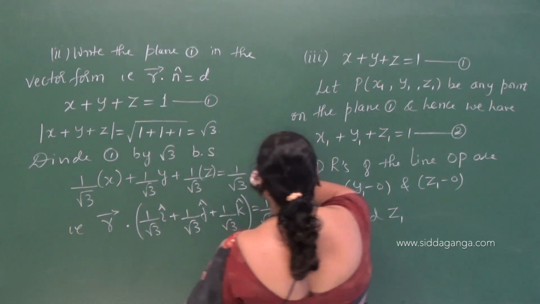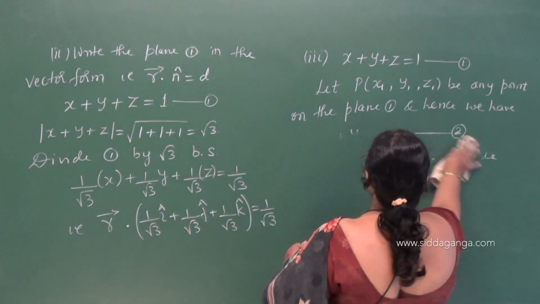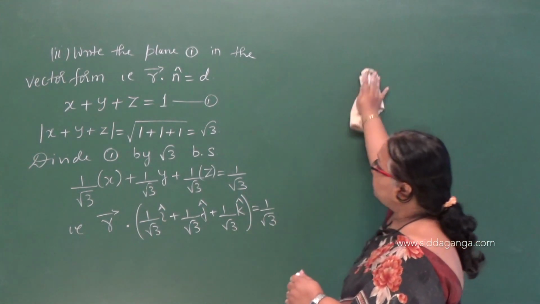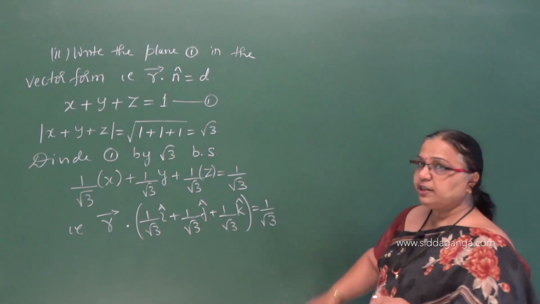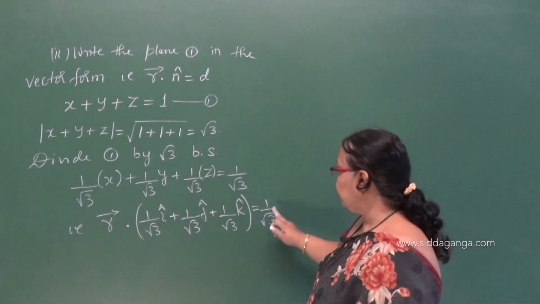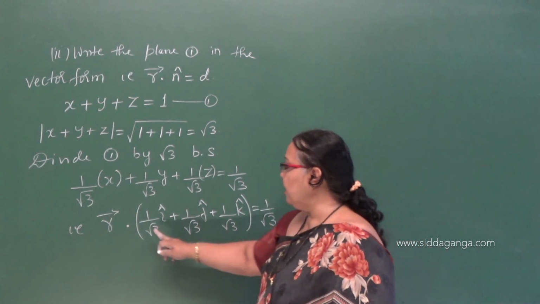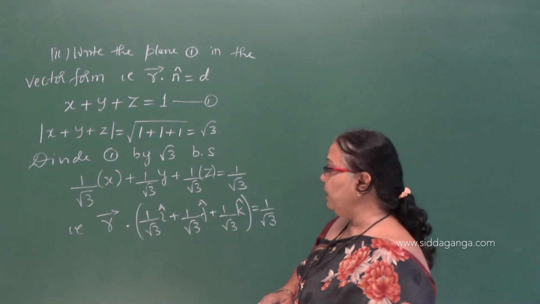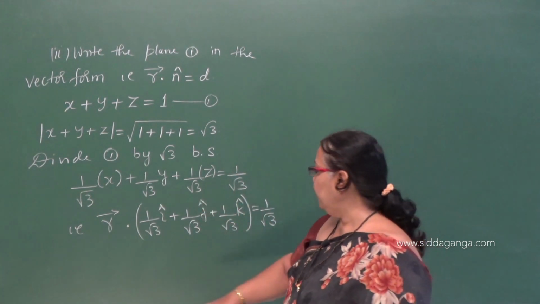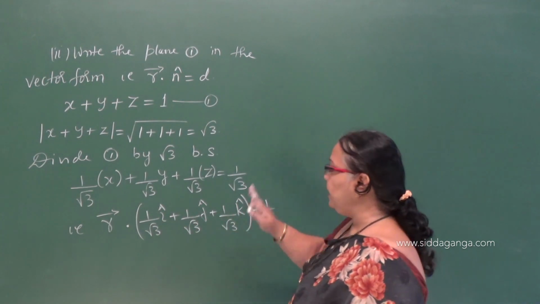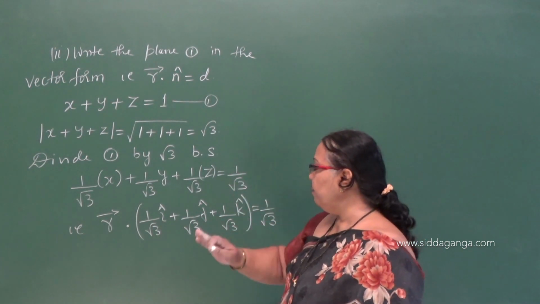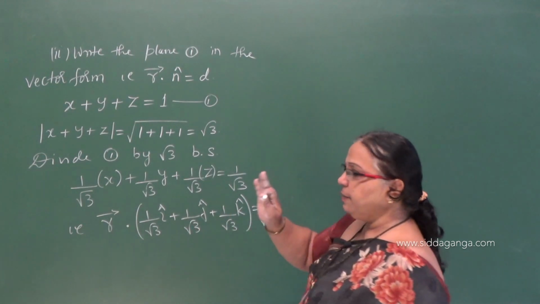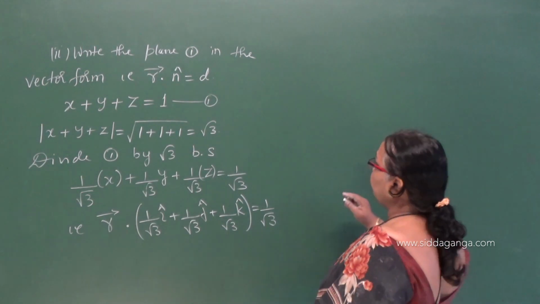Actually, according to the shortcut formula, this is the value of d and these are l, m and n. So in the shortcut formula, l into d, 1 by root 3 into 1 by root 3 is 1 by 3. Again, m into d, 1 by 3. n into d, 1 by 3. This is the answer we should get.